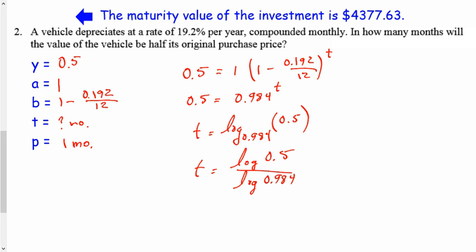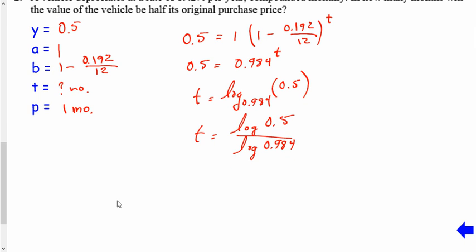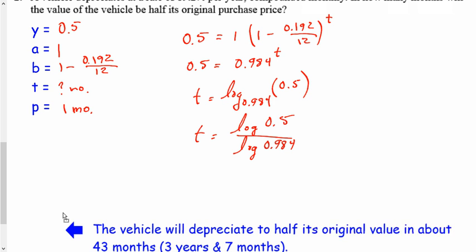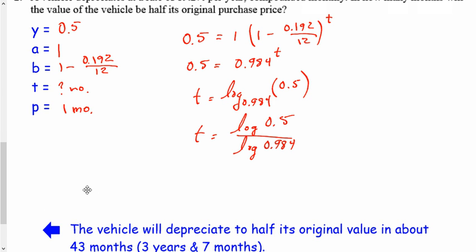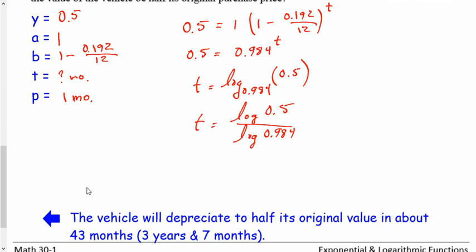And for this question, what we will end up with is that the vehicle will depreciate to half its original amount in about 43 months, which is 3 years and 7 months, which is a little bit sad if you're buying a new vehicle.